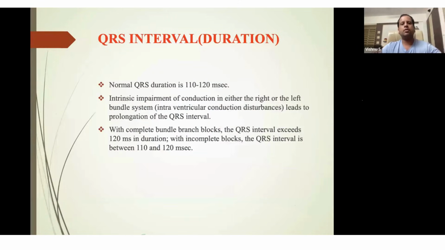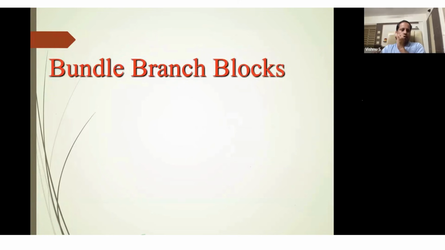Next is the QRS duration. Normal QRS is around 110 to 120 milliseconds. It indicates the conduction through either the right or left bundle down to the Purkinje cells, and here we usually see bundle branch blocks. So we will go one by one.